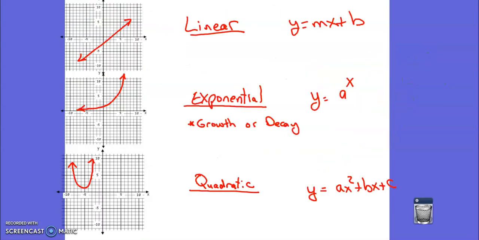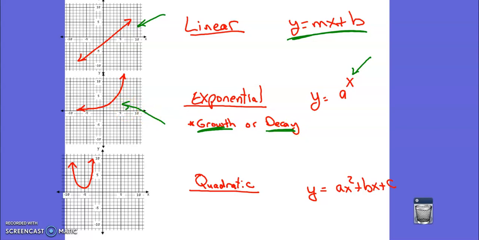So I want to remind you as we're getting toward the end, we've covered 3 types of functions. We've covered linear functions, which again, y equals mx plus b, and it makes a line. So if you look at the graph, it makes a line. We've also talked about exponential functions, and this is when the exponent is the x. And again, if you remember growth functions, which is what I have graphed there, and there's also decay functions.